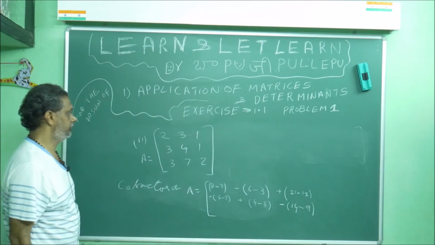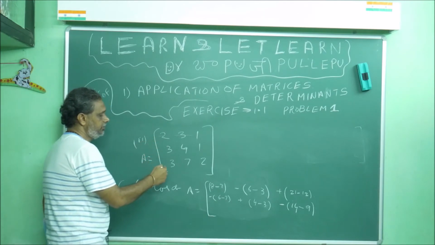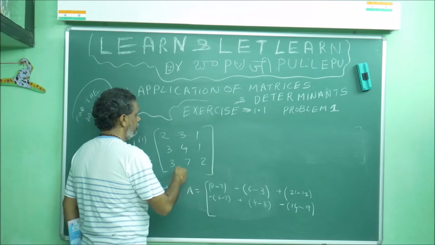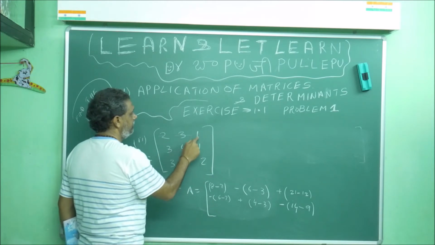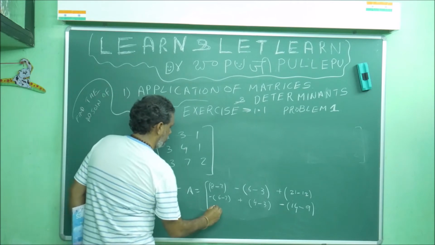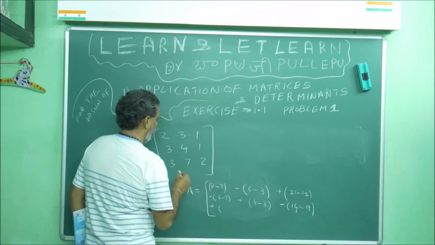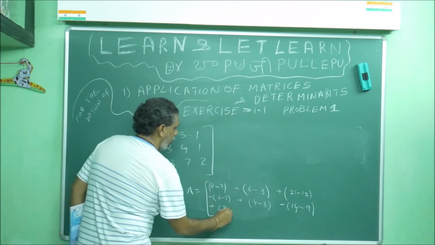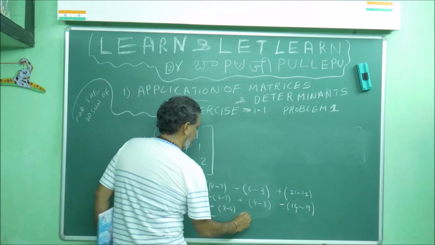Come to the third row. Start with plus, minus, again start with plus. The cofactor of 3 is what? Leave this row, this column. What will you get? 3 minus 4, AD minus BC. Plus, minus, plus. 3 minus 4. Then the cofactor of 7 is what? Minus.